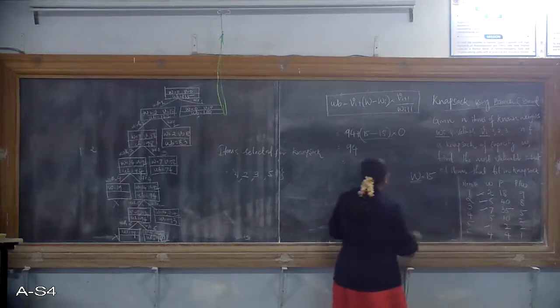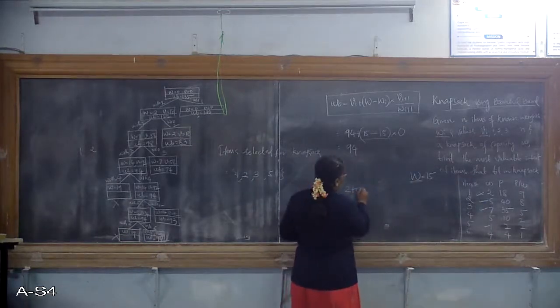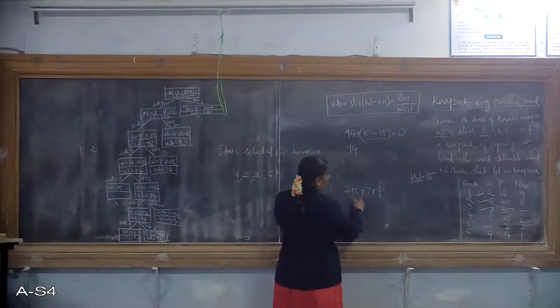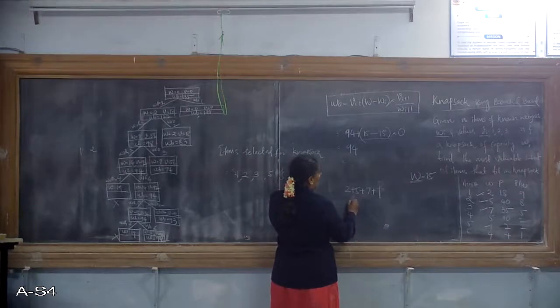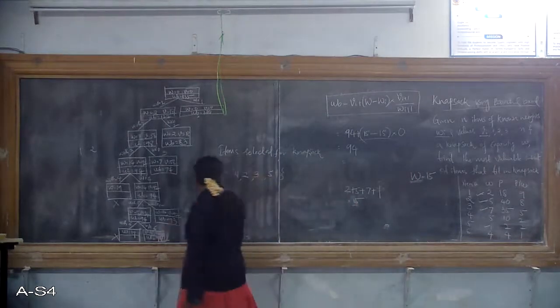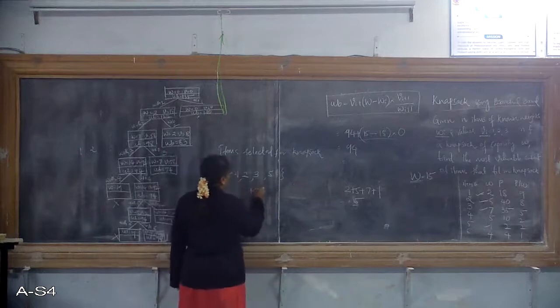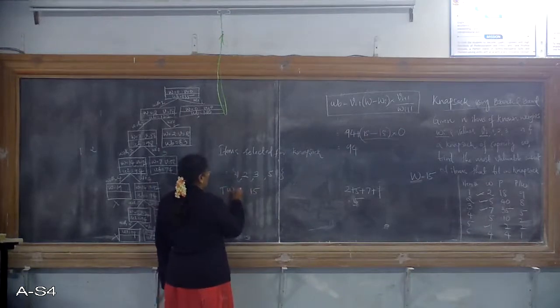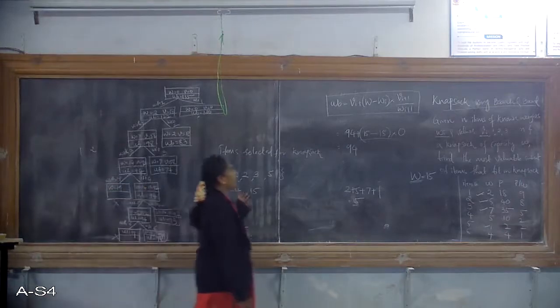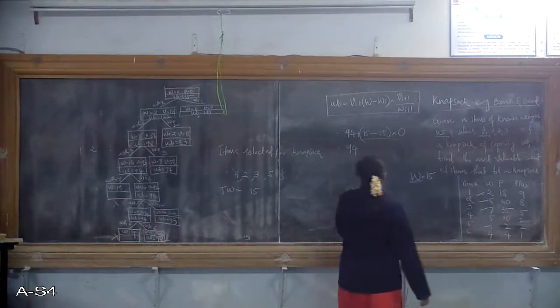So 2 plus 5 plus 7 plus 1. Right? This is equal to 15. Total weight is 15, and the total knapsack capacity is also 15. So both are matching.